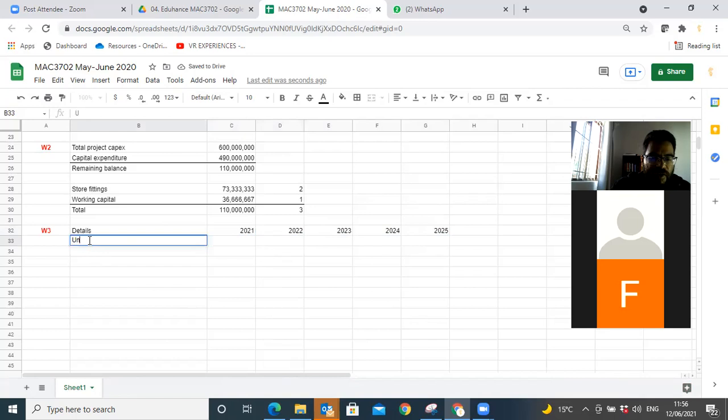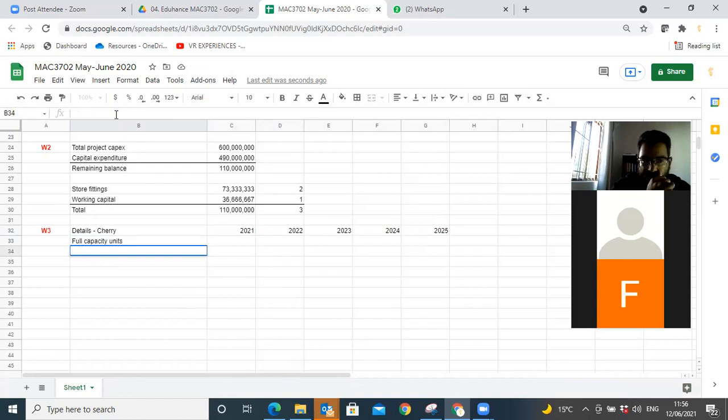So we're going to have full capacity units. We're going to have average selling price.